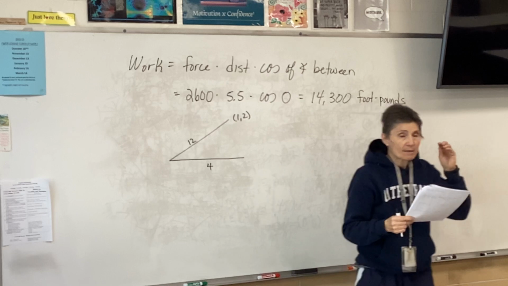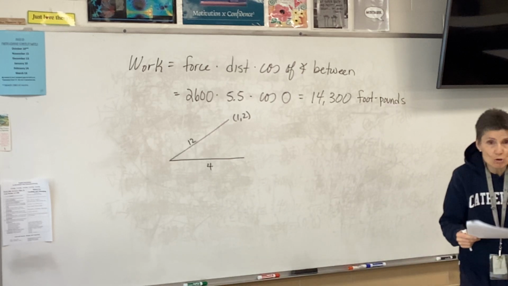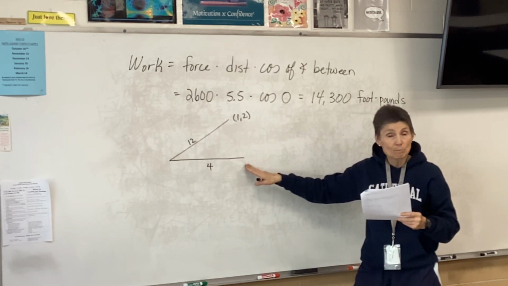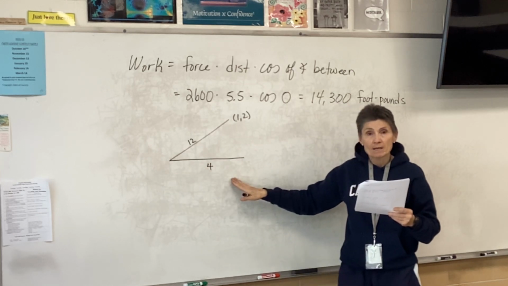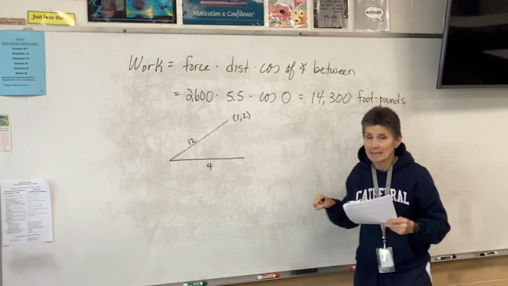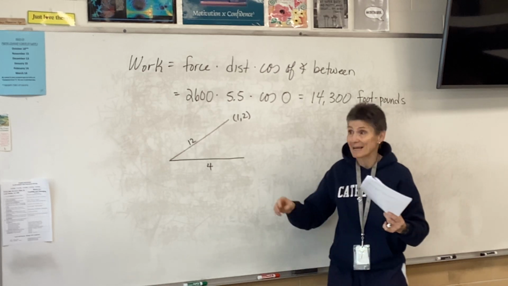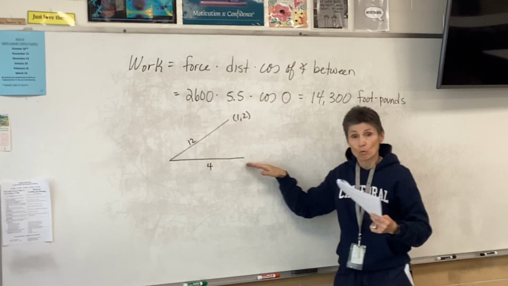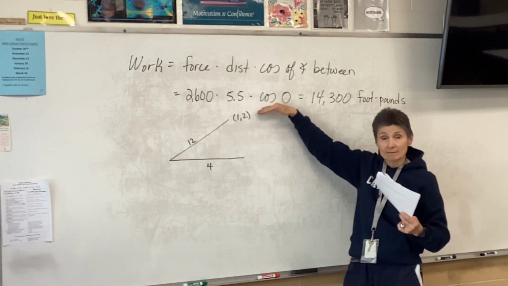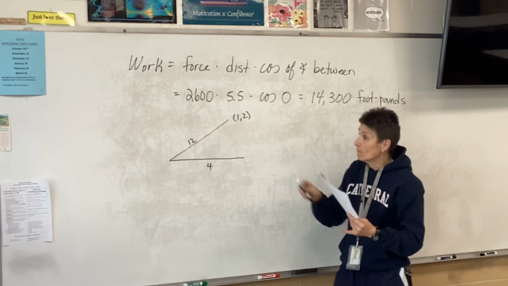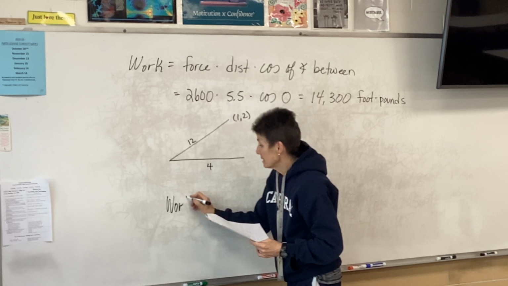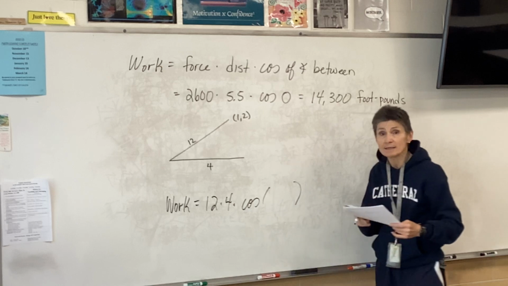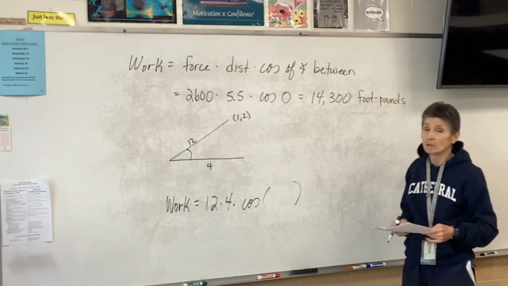So the thing is moving horizontally from 0, 0 to 4, 0. So it's moving a distance of 4 feet. But I'm not pulling it horizontally. It's like I'm pulling a wagon, all right? Here's my handle of my wagon. And the wagon is rolling horizontally, but I'm pulling it this way. So my work is going to be 12 times 4 times the cosine of whatever angle that is.